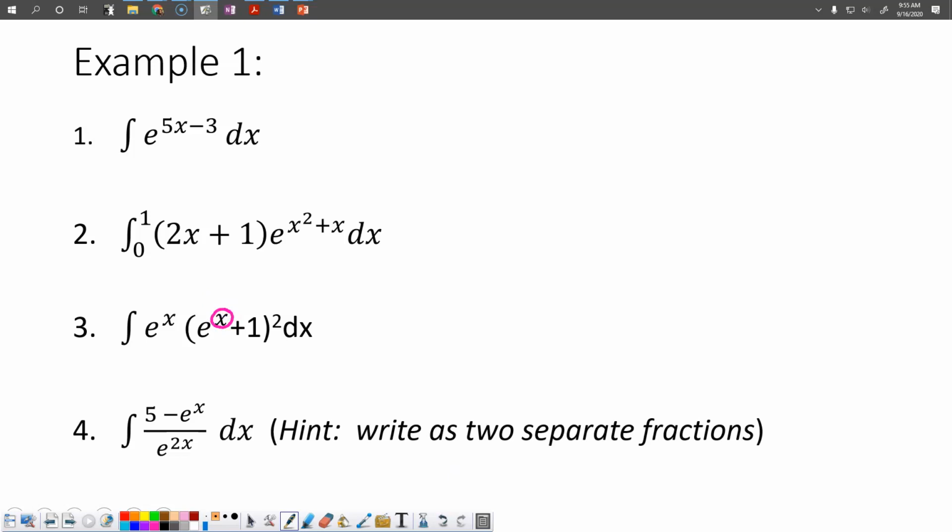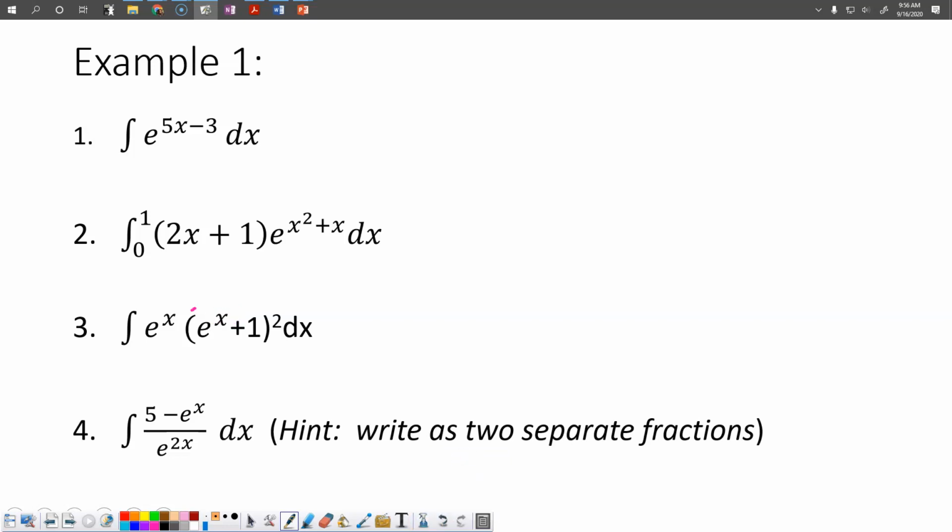We would never let u equal x, because that's not going to do anything helpful for you, because all it's going to do is literally change all the x's into u's, and you won't have an easier problem at all. So that's one indication. Since we didn't have an actual function up here, a whole expression, we just had an x, that's one indication that you're not going to let the u equal the exponent.